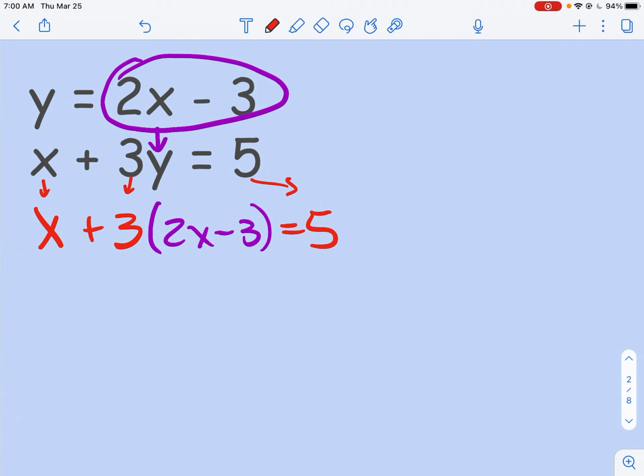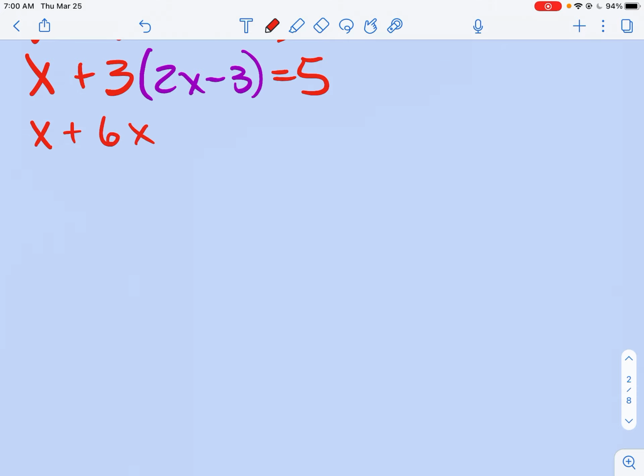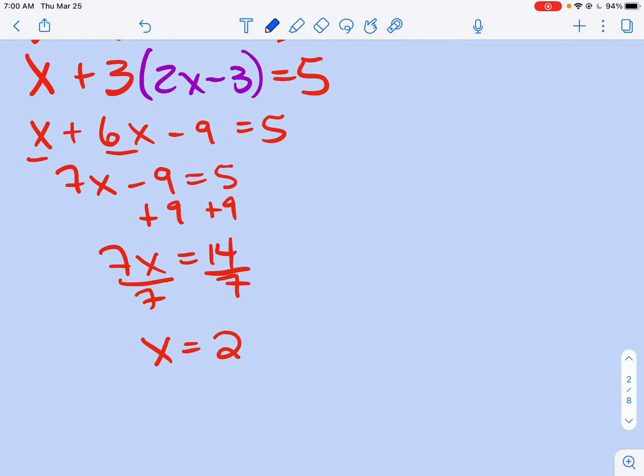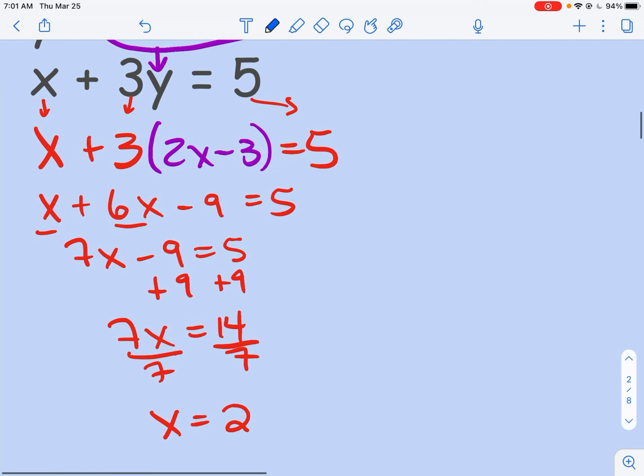Then I solve this. So x plus, I need to distribute my 3 to each item inside. Then that becomes 7x minus 9 equals 5. I add 9. I get 7x equals 14. Divide by 7 and get x equals 2. Now that's great and dandy, but remember, you have to figure out what y is.